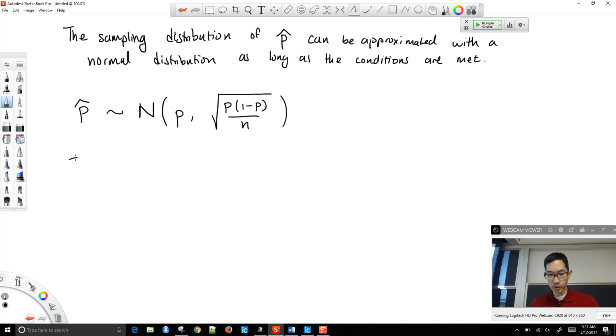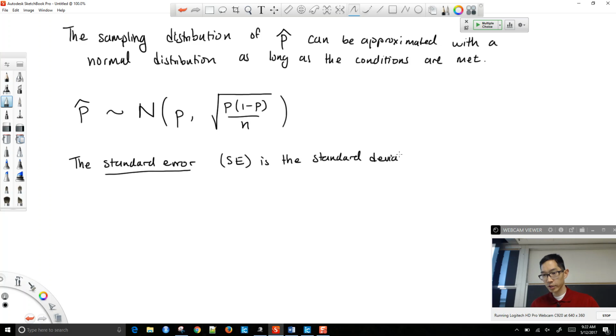So the standard error, also abbreviated SE, is the standard deviation of the sampling distribution.